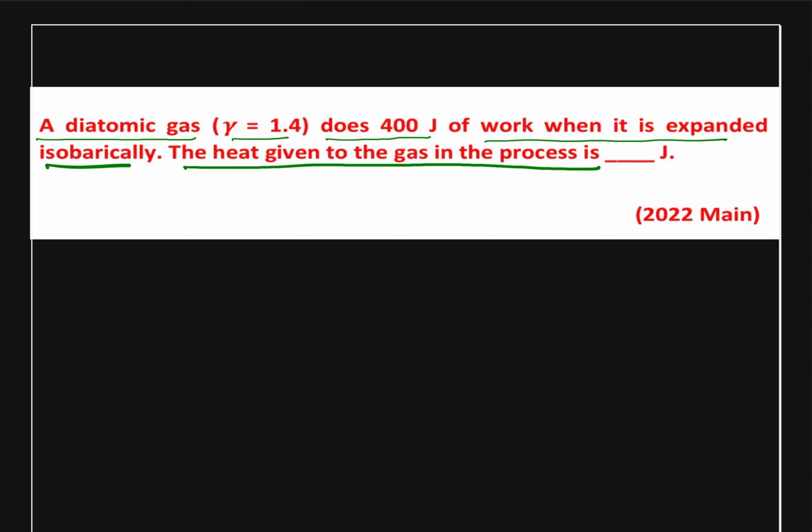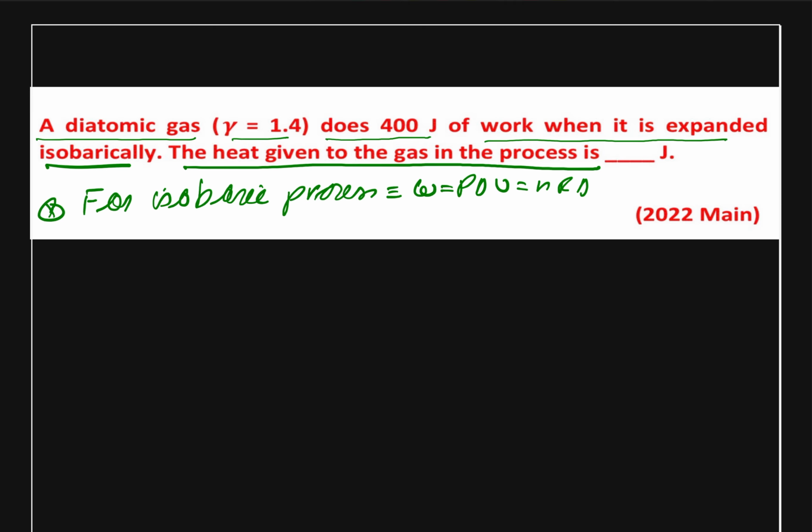For an isobaric process we know that work done is equal to P times delta V, or we can say this is nR times delta T.